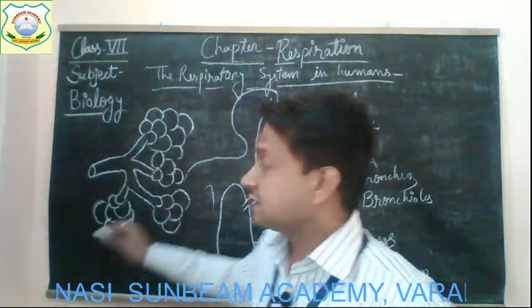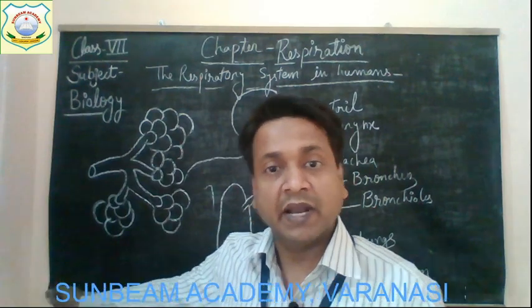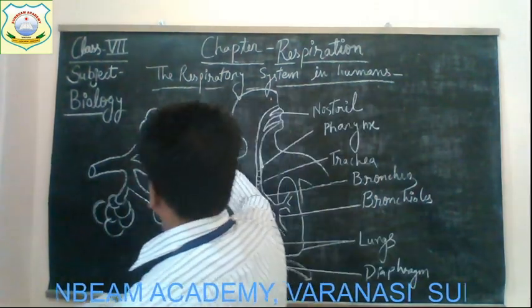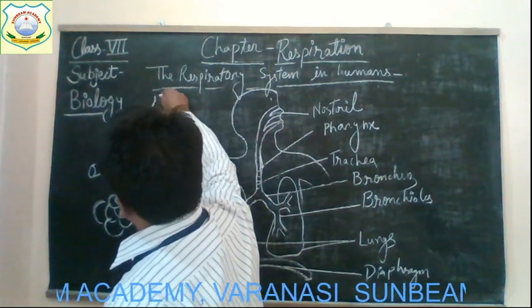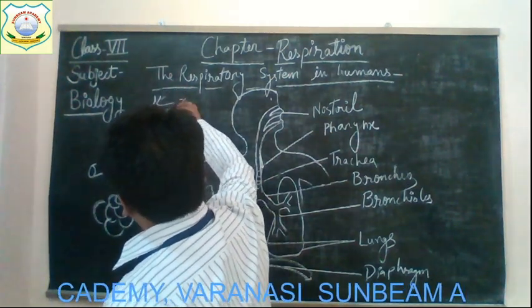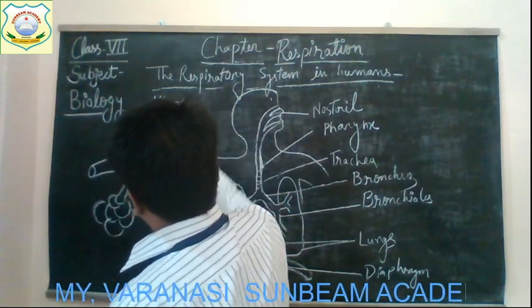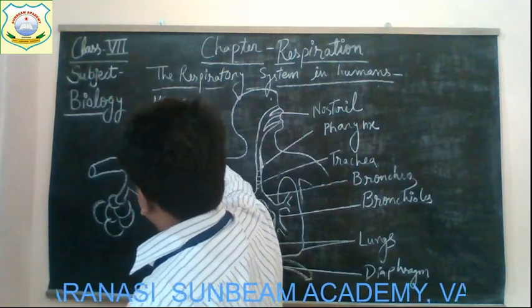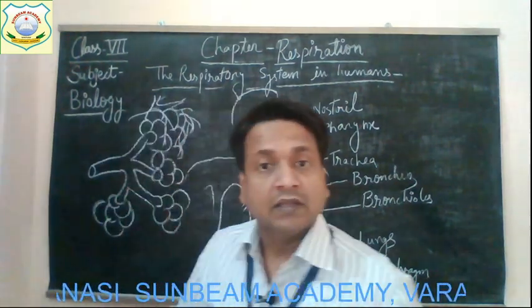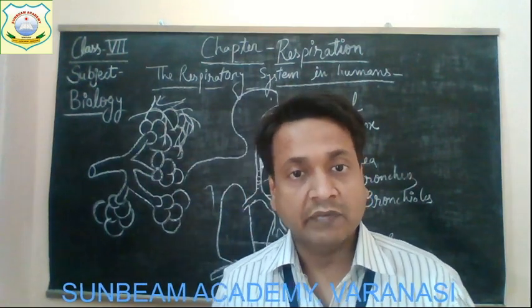So these air sacs are known as alveoli and they are surrounded by blood vessels. Such blood vessels or blood capillaries are present above the alveoli.